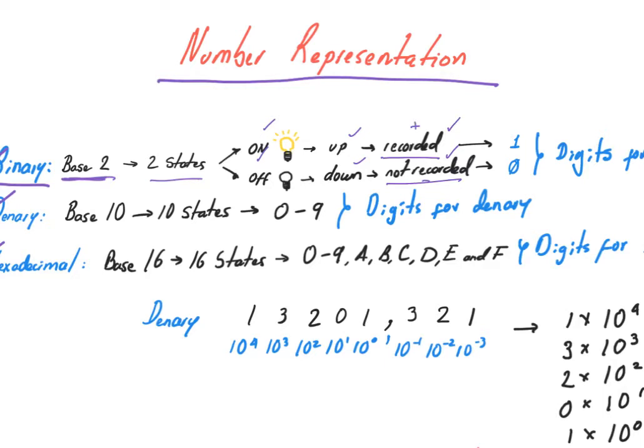So as you can see, the binary system is very convenient to represent quantities because it's easy to represent opposite things, or two different things, in many different kinds of devices.